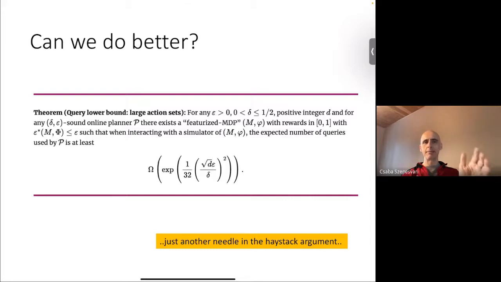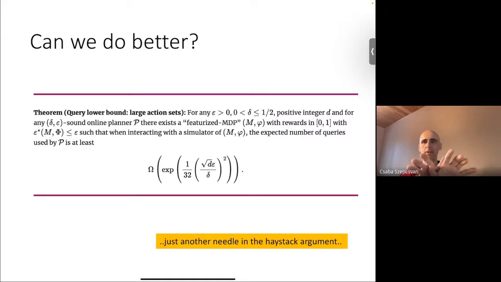By the way, this has very little to do with multi-stage planning. This already happens in a bandit problem where you just have actions, you have one state, many actions, and you want to choose the best action, and there are features that are helping you to choose the best action.